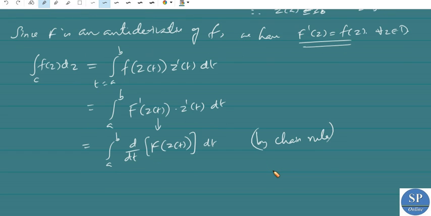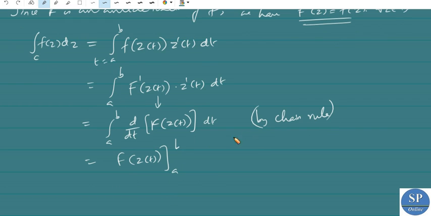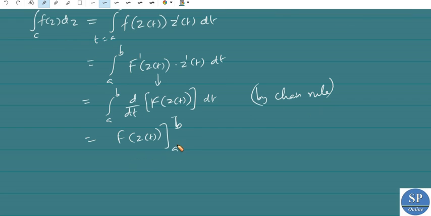So this is actually the integral from a to b of d by dt of f of z of t, which is nothing but f of z of t from a to b. So this is equal to f of z of b minus f of z of a.